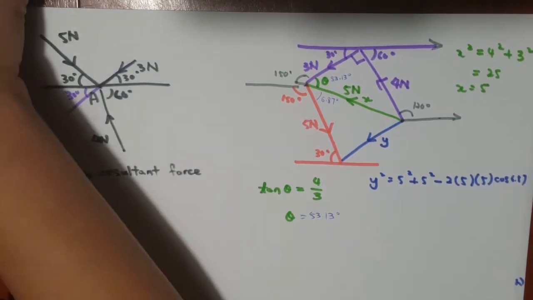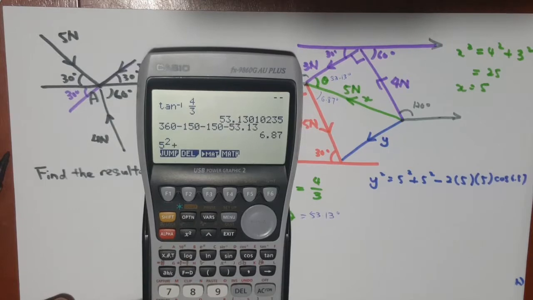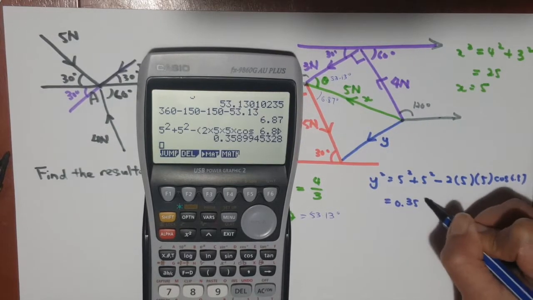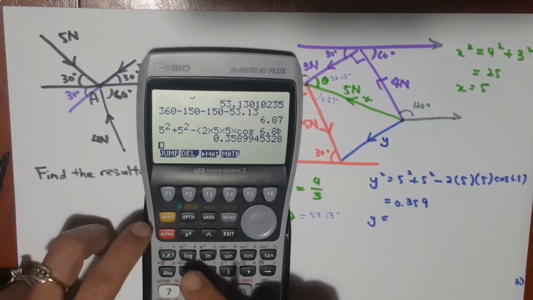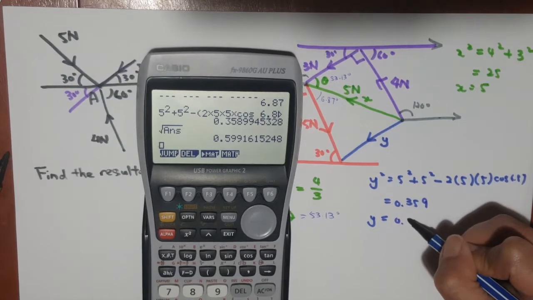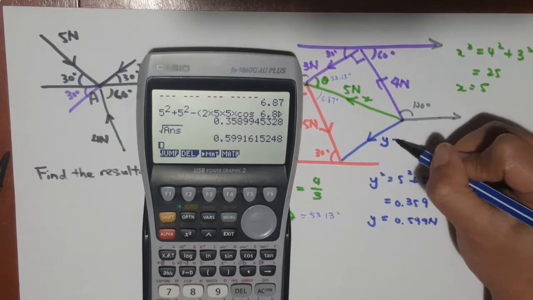We get from here 0.359. And in order to get y, I have to square root my answer, and therefore I get 0.599 Newton.